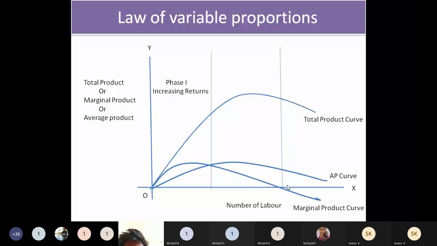The phase 2 starts at this point and ends here, when the marginal product curve enters into the negative part. After that, whatever is there is phase 3, that means negative returns. This is how you show the law of variable proportions.